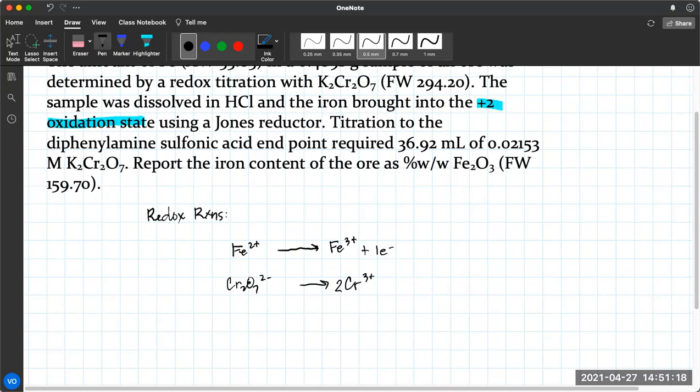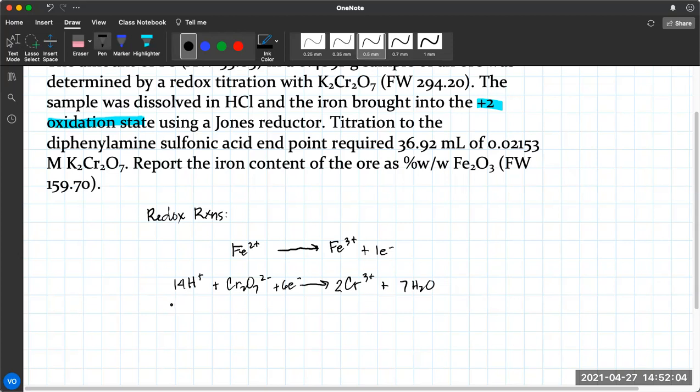We have 7 oxygen atoms on the left side, so we need to add 7 water molecules. Then we need to balance the hydrogen, so this is plus 14 H+. Then finally, we need to balance the charges. We have here a total of +12 and this is +6, so we need to add 6 electrons.